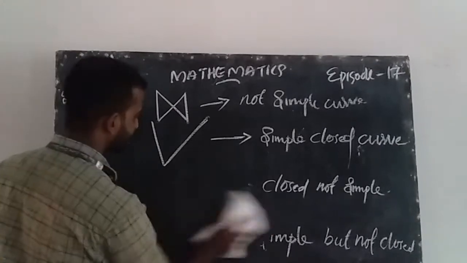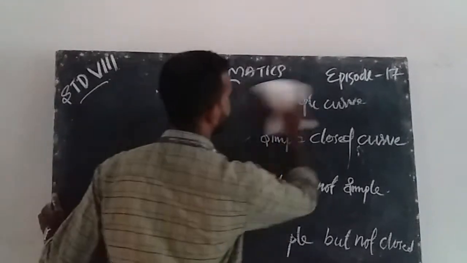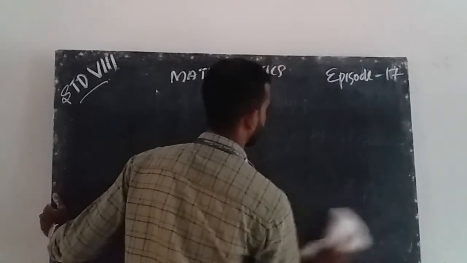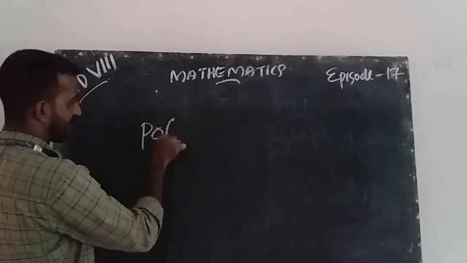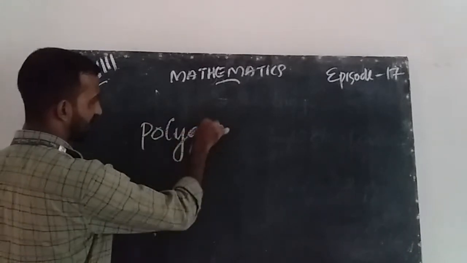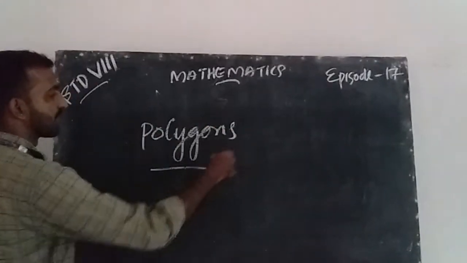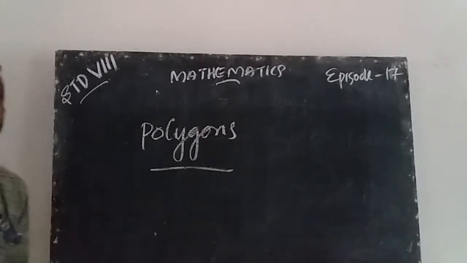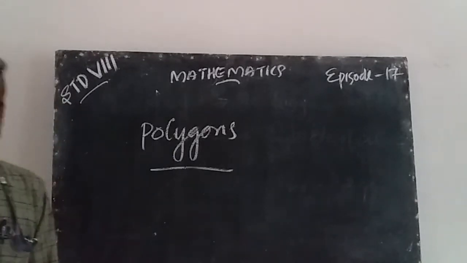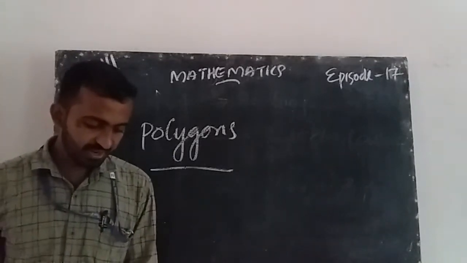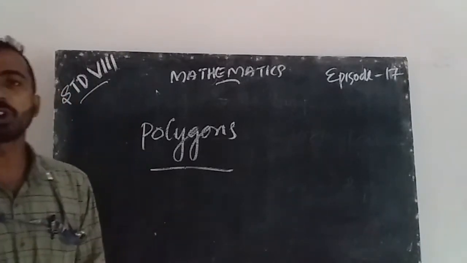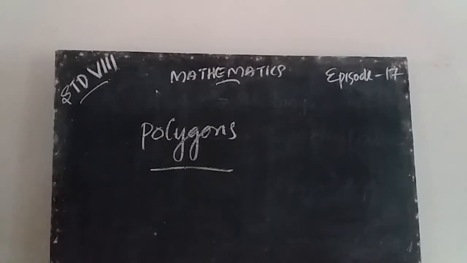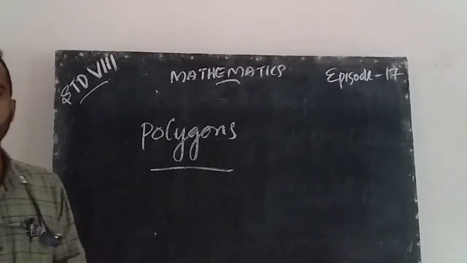In your textbook, two types of pictures are given: curves that are polygons and curves that are not polygons.